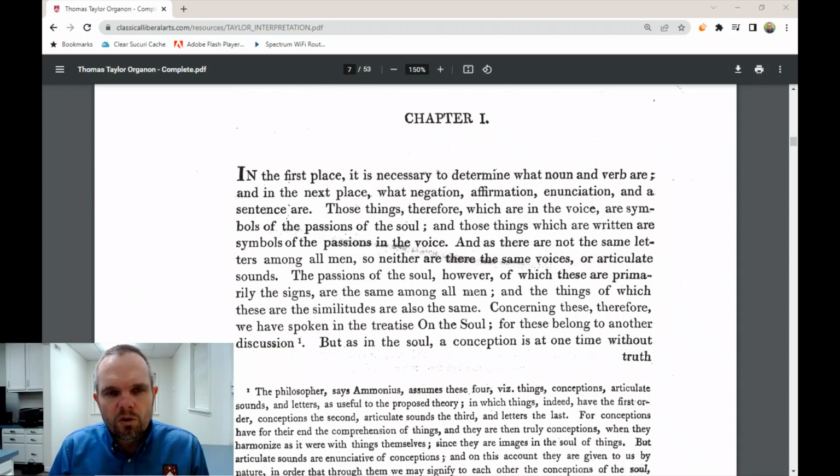The mind joins or divides different ideas by use of the verb is or is not. So when we say man is a creature, by using the verb is, which is called a copula, and joining these two ideas together, that judgment is either true or false.